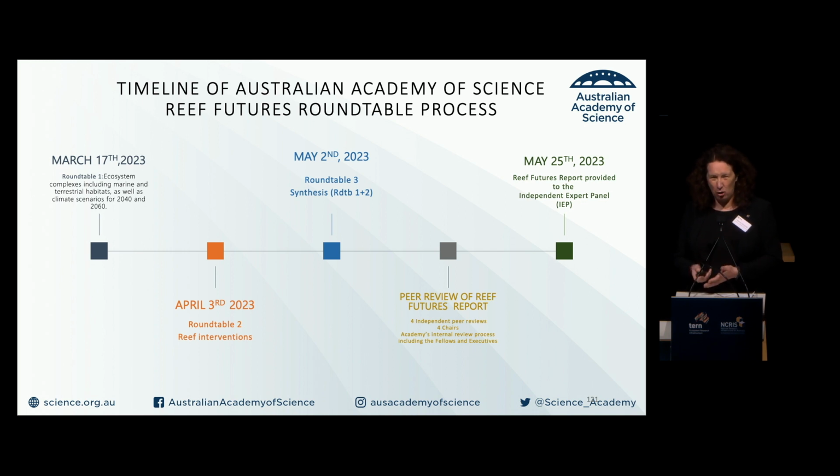That's the Minister for the Environment, Tanya Plibersek, and obviously the Queensland Minister will be getting the same advice. And this was concurrent to 2 other major reports. So effectively the ministers and the decision makers have 3 high-level reports from the best minds in Australia for them to make those decisions. And the Academy's role was key in that.